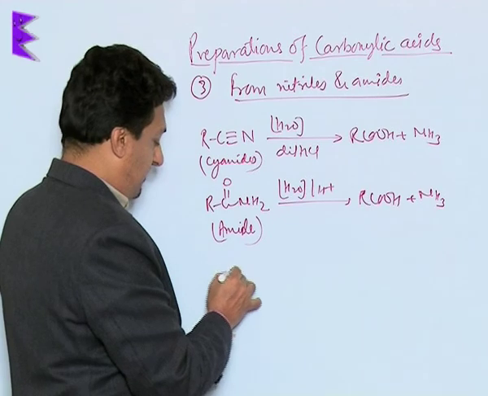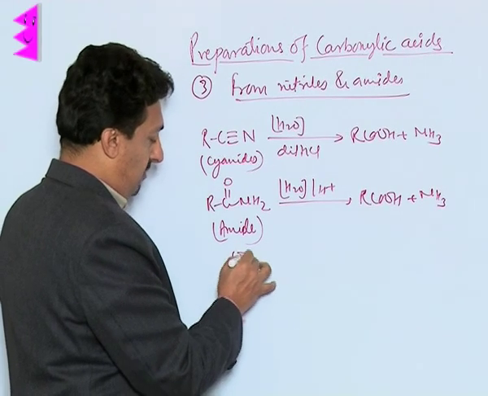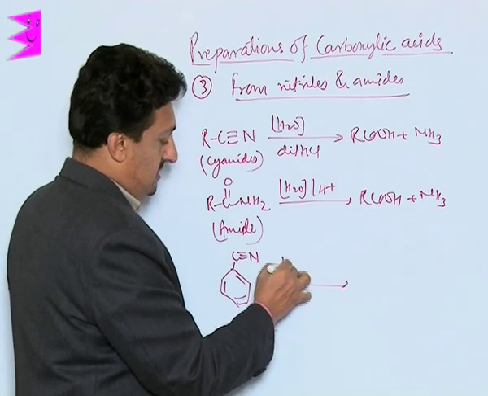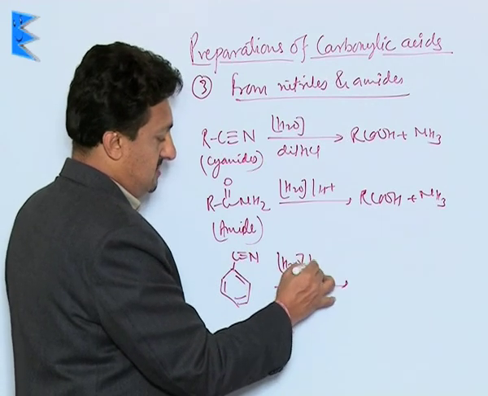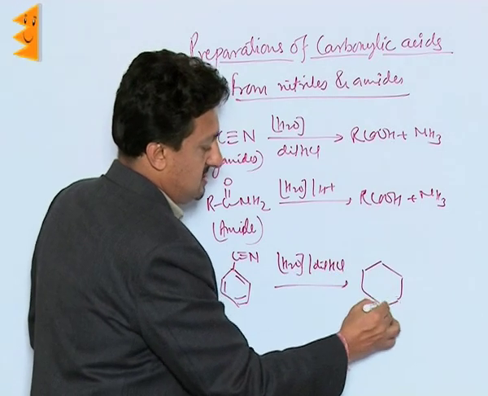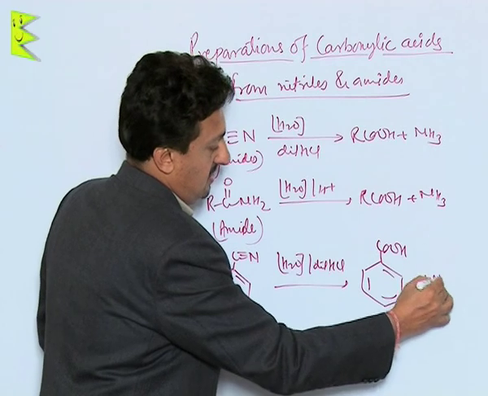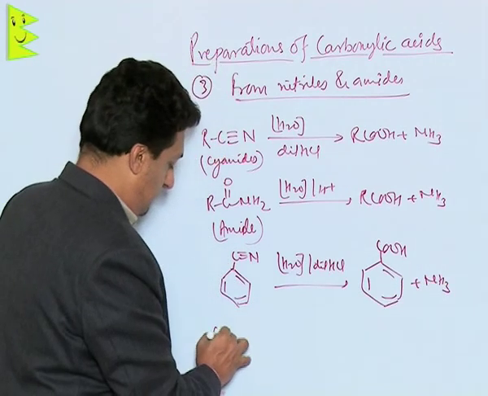And what is most interesting is that even if we have cyanobenzene, this on hydrolysis with dilute HCl gives us benzoic acid and ammonia.